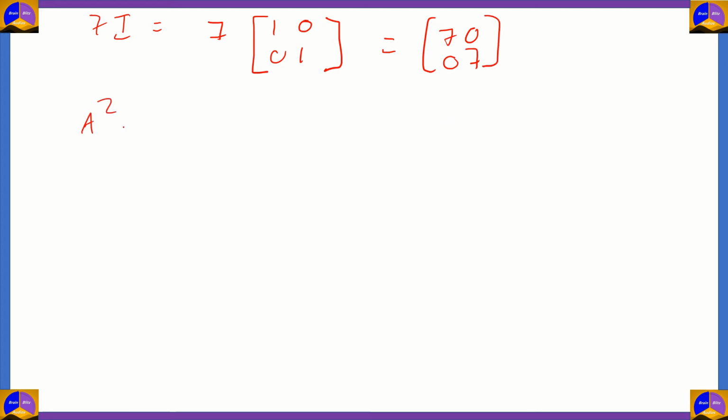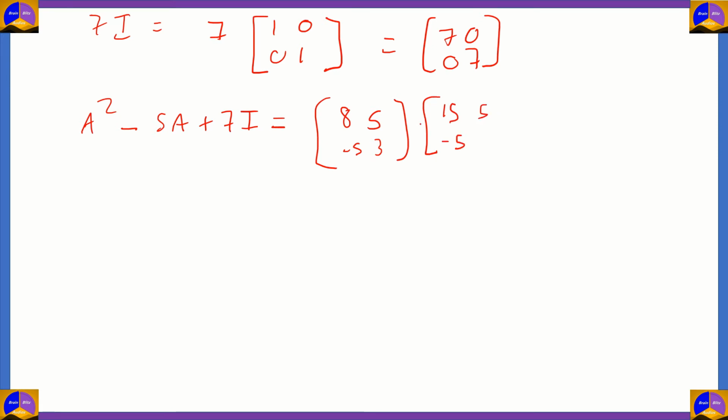Now, to our equation. A squared minus 5A plus 7I, we're not going to equate it to 0. We're going to find out whether it's equal to 0 or not. So we'll be putting the values of A squared, 5A, and 7I. A squared is [8, 5; -5, 3], 5A is [15, 5; -5, 10], plus the identity matrix 7I is [7, 0; 0, 7].